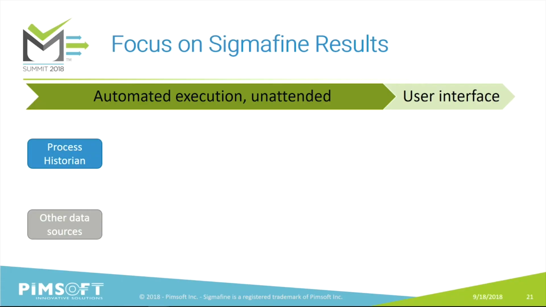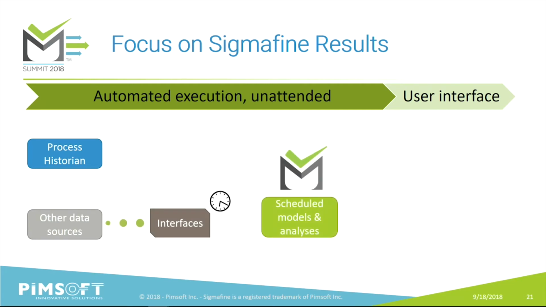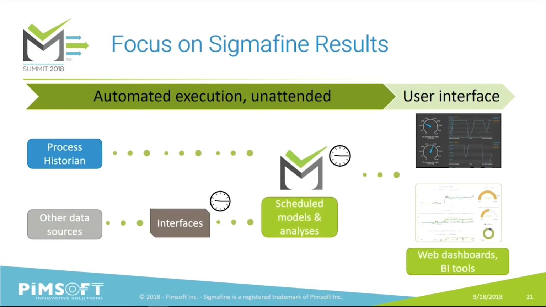Because it's not redundant. So the end goal for any automation project is something like this: we will be pulling data from Pi, and we will be pulling data from other systems. It could be LIMS, let's say. Then we use the integration framework. We automatically connect to Pi.